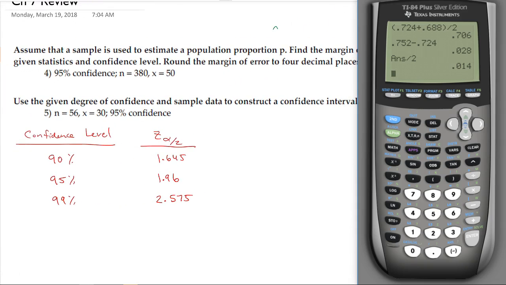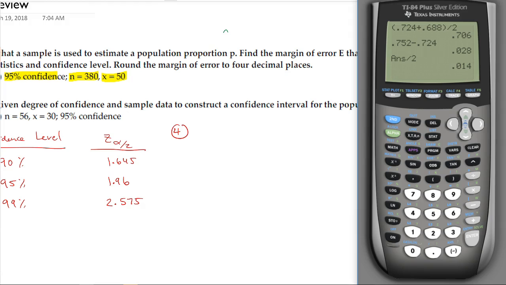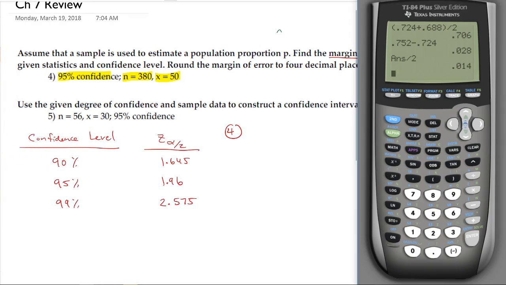All right, so number 4, we're given a confidence level of 95%. N is equal to 380. X is equal to 50. So we are looking for a margin of error for a population proportion.